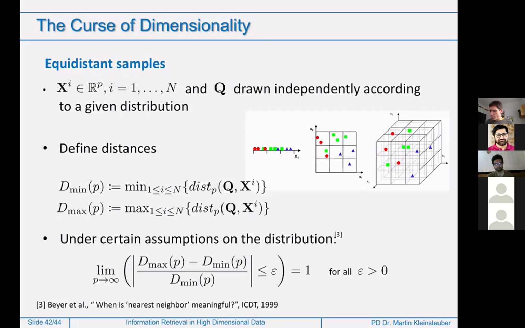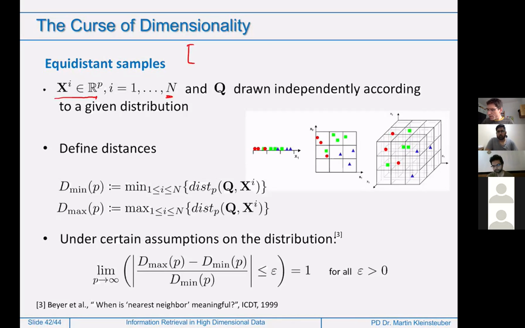So if you look at a p-dimensional random variable, and you take n realizations of the p-dimensional random variable, right?